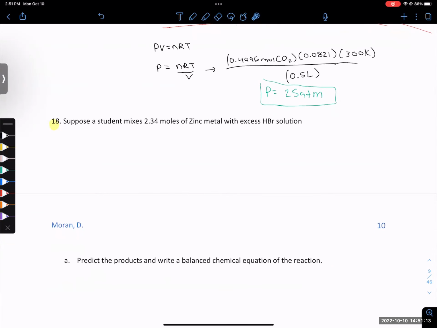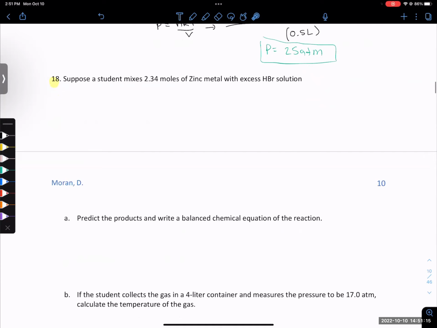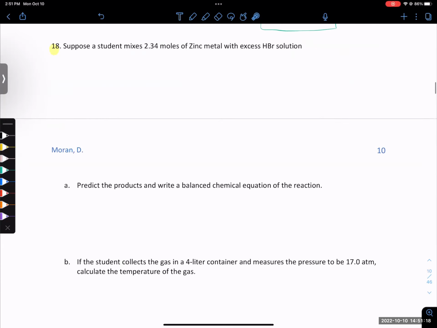Okay, so suppose the student mixes 2.34 moles of zinc metal with excess HBr solution. Predict the products and write a balanced chemical equation of this reaction. All right. Maria, you're gonna tell me what the chemical equation is. This is zinc, so it's solid, plus HBr.